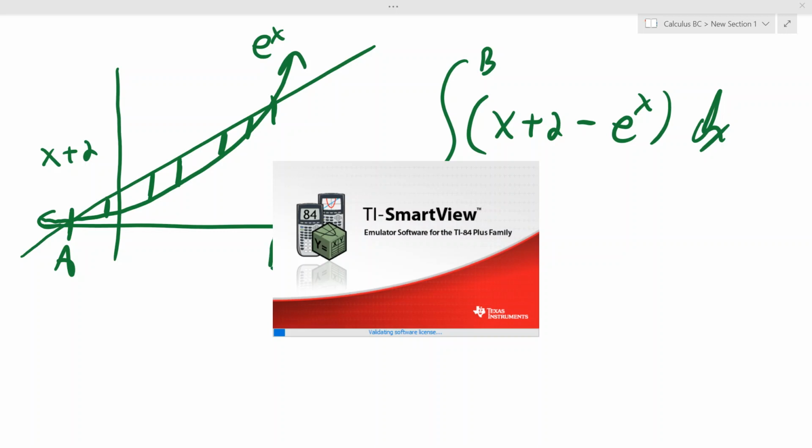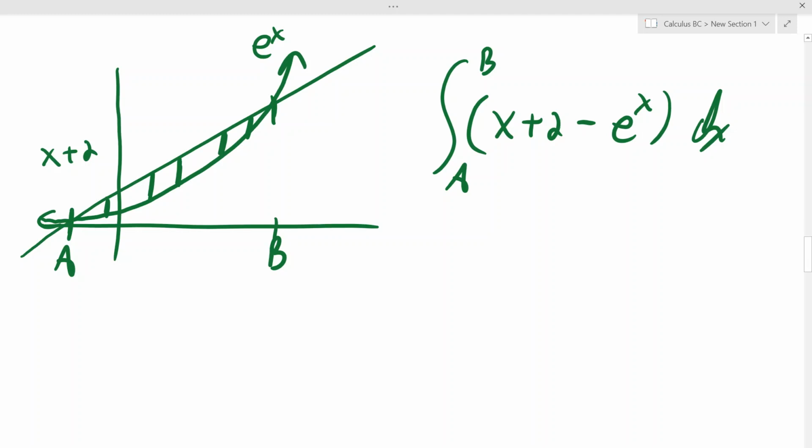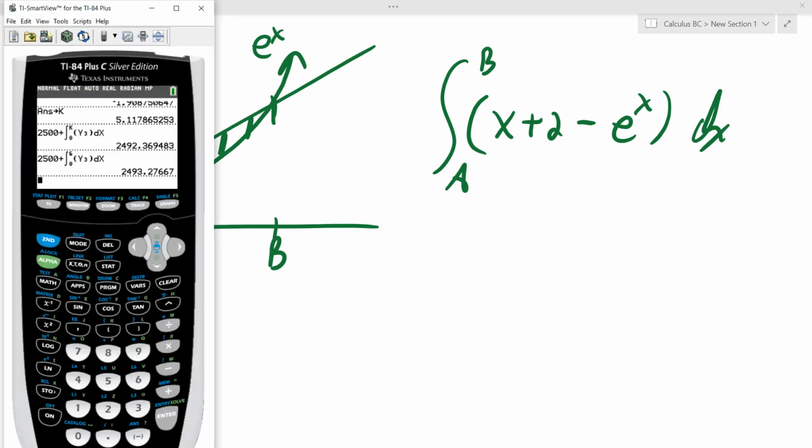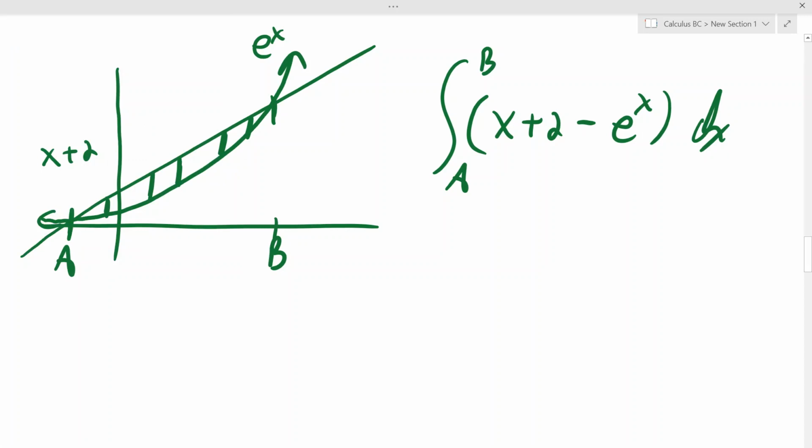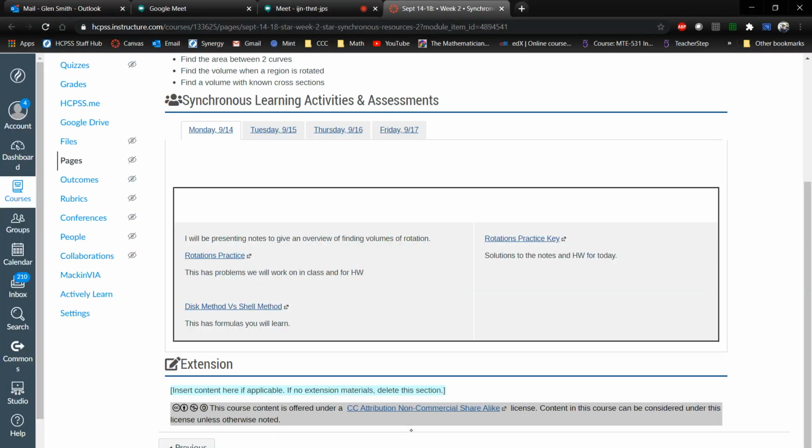Come on, calculator. How could this be so slow? Okay, you know what? Let's just use stupid Desmos. Maybe that'll be quicker for me anyway. Okay. Ooh, maybe not. Maybe the internet's not free. Come on, baby.